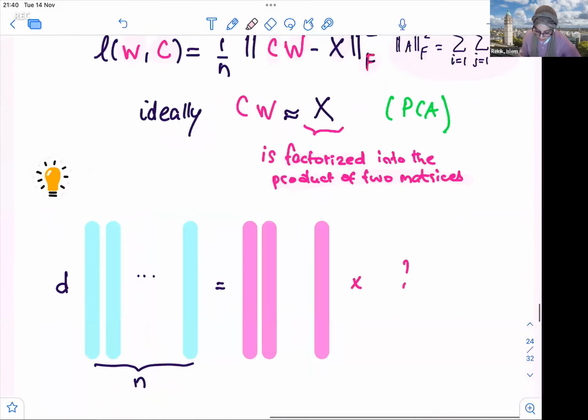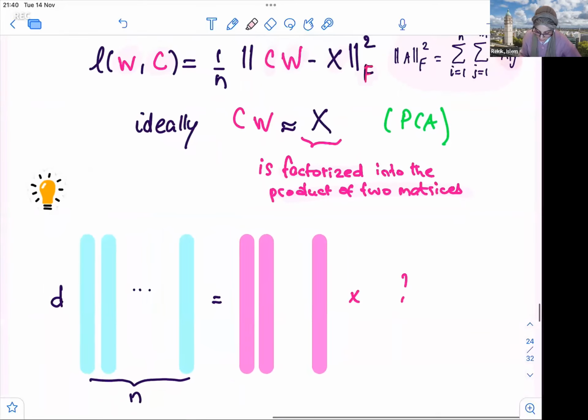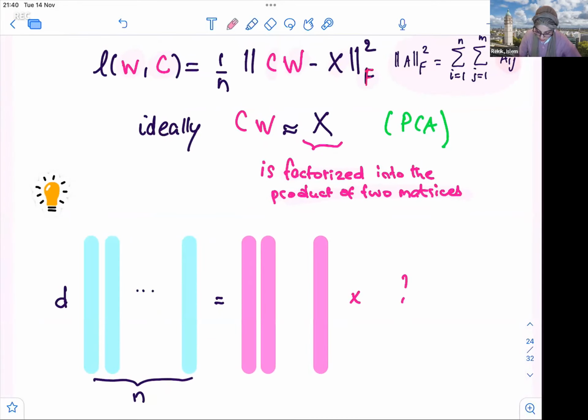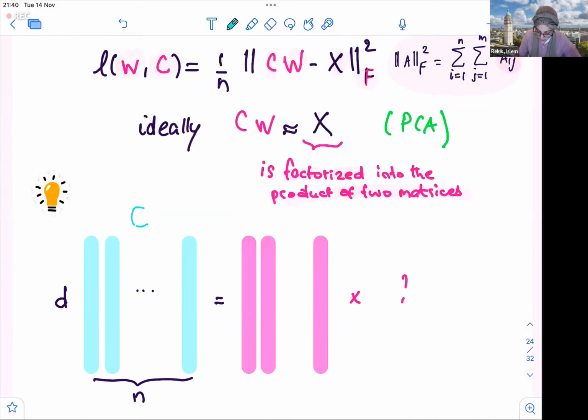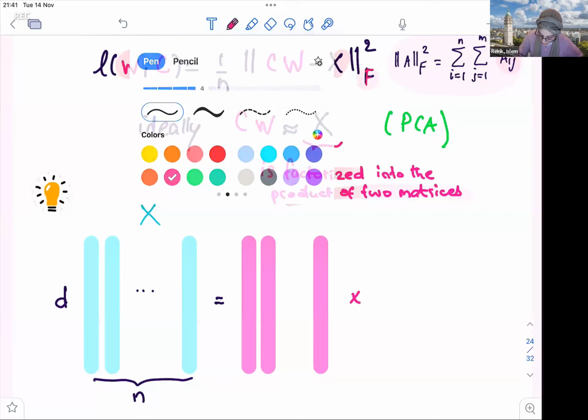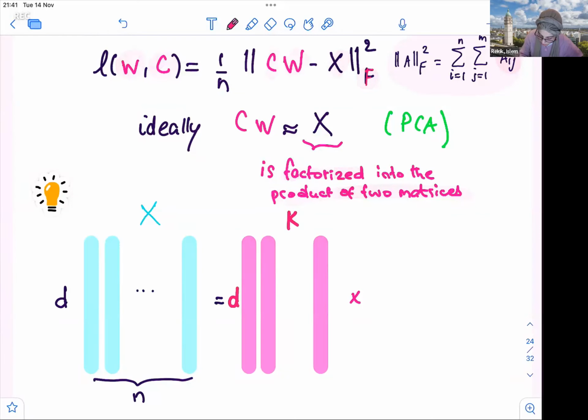And here, if we look at this example, this is our X, the original data. It's D times N. We want to factorize it into two matrices. The first one will be D times K. So you guys can guess, it's D times K. This is the spanning vectors, times what?